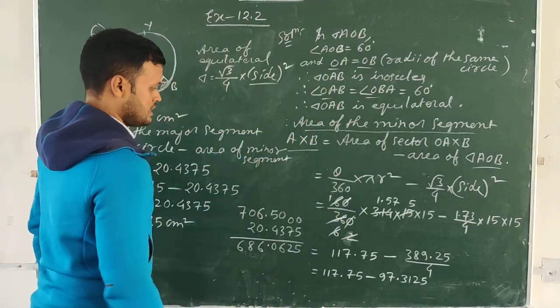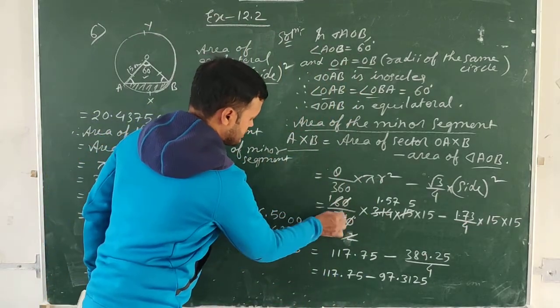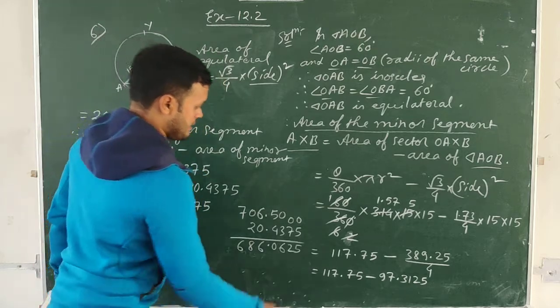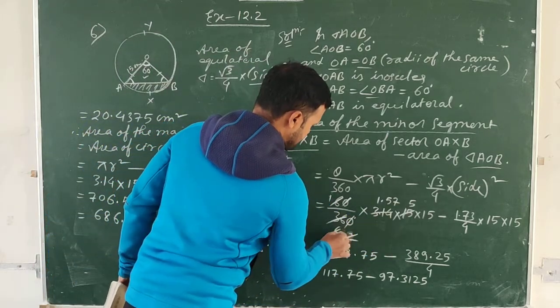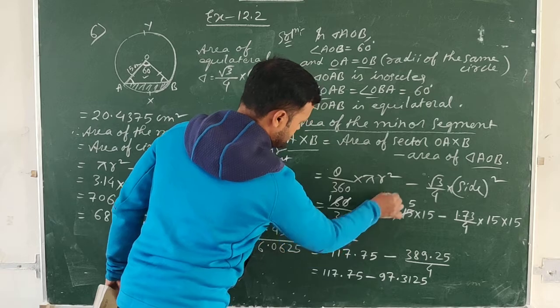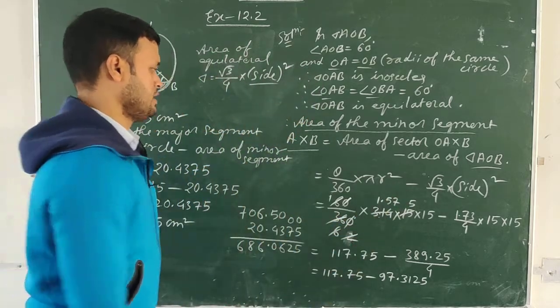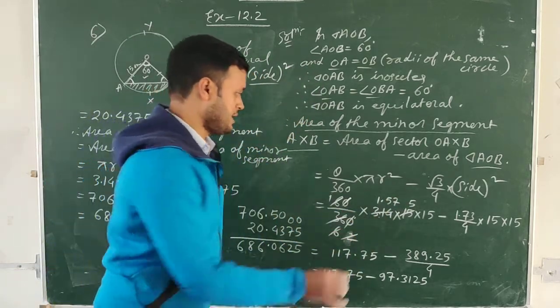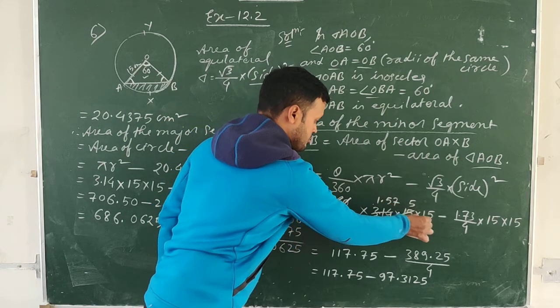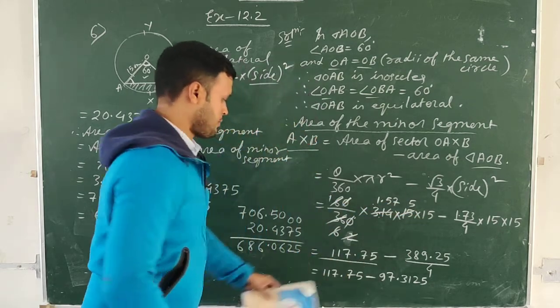See here, students, this 0 and 0 cancel. With 6 you cancel 36, 6 times, and with 3 you cancel 15, 5 times, and with 2 you cancel 3.14, that is 1.57. I multiplied 1.57 into 5 into 15 and got 117.75.